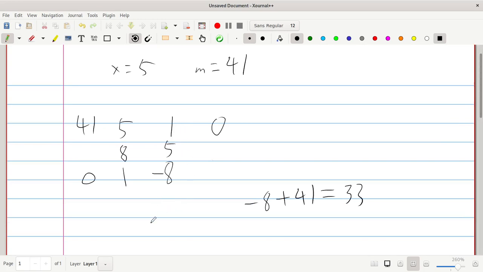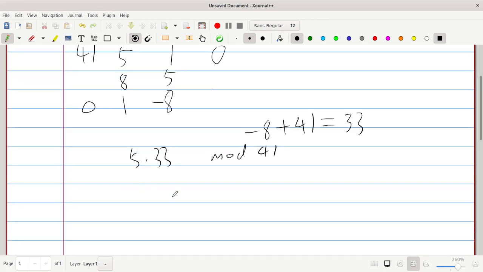So to verify this, we can do 5 times 33 mod 41. So 5 times 33 is 165, and then if you take the remainder, 4 times 41 is 164, so the remainder is 1.